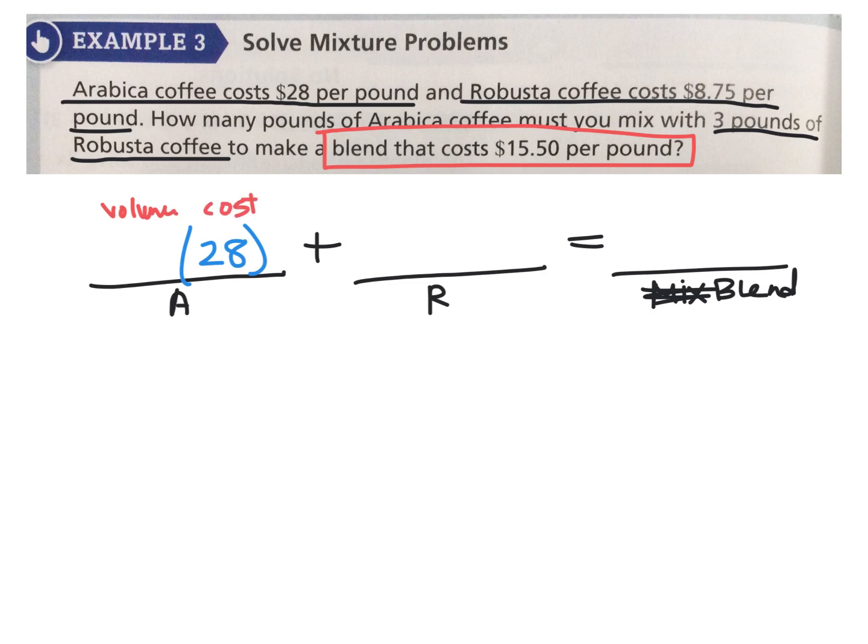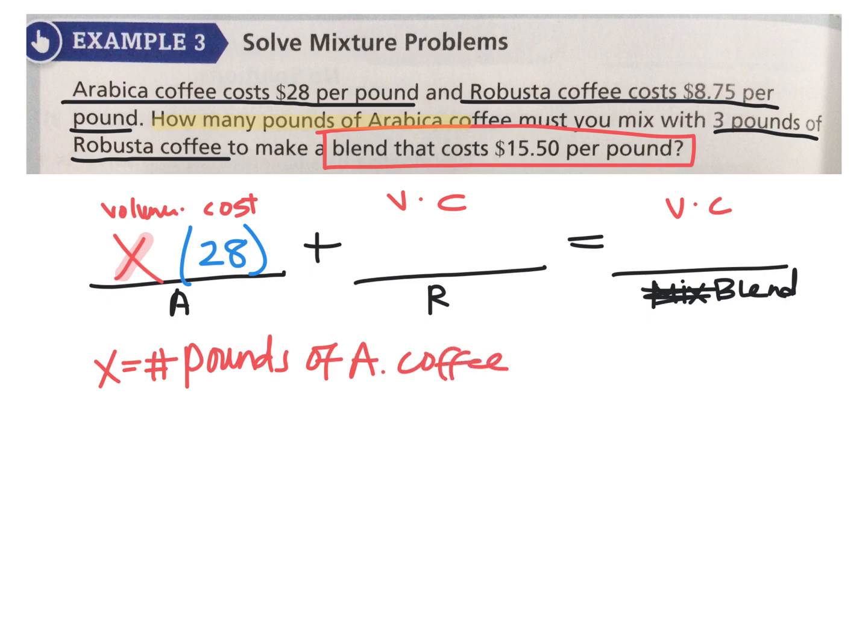That's the structure we're going to use for all of these: volume times cost equals volume times cost. The Arabica coffee so far doesn't tell me how many pounds. The question specifically asks how many pounds, which means my Arabica coffee should be my X. So X is the number of pounds of the Arabica coffee.